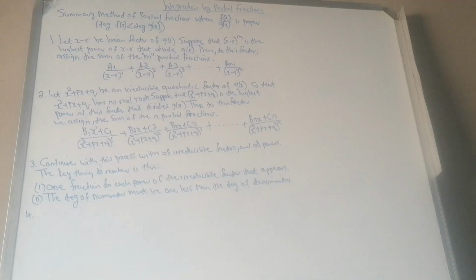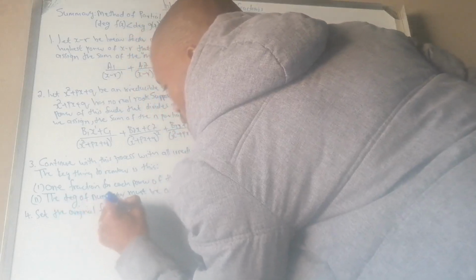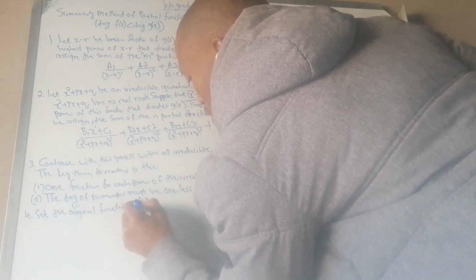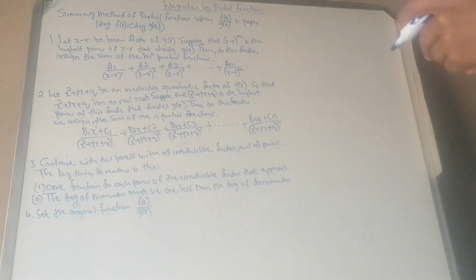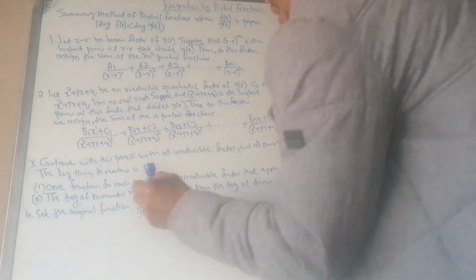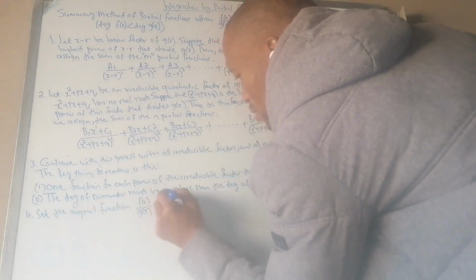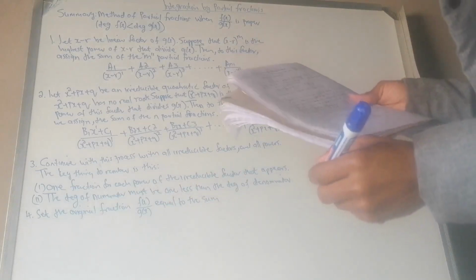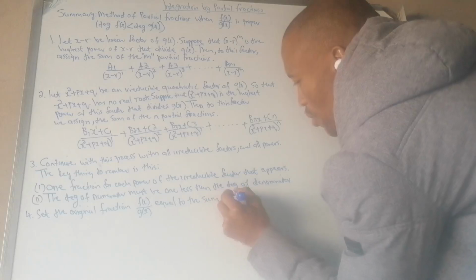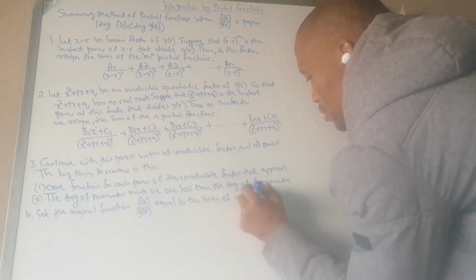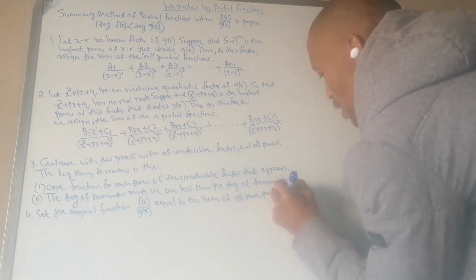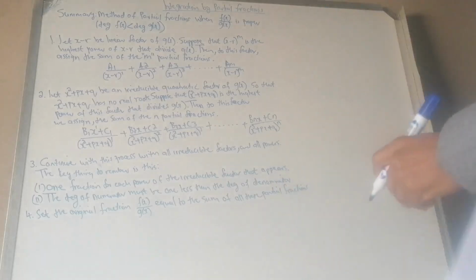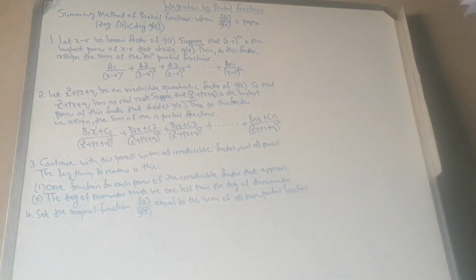We set the original fraction f of x divided by g of x equal to the sum of all these partial fractions. Very, very important that we understand that.